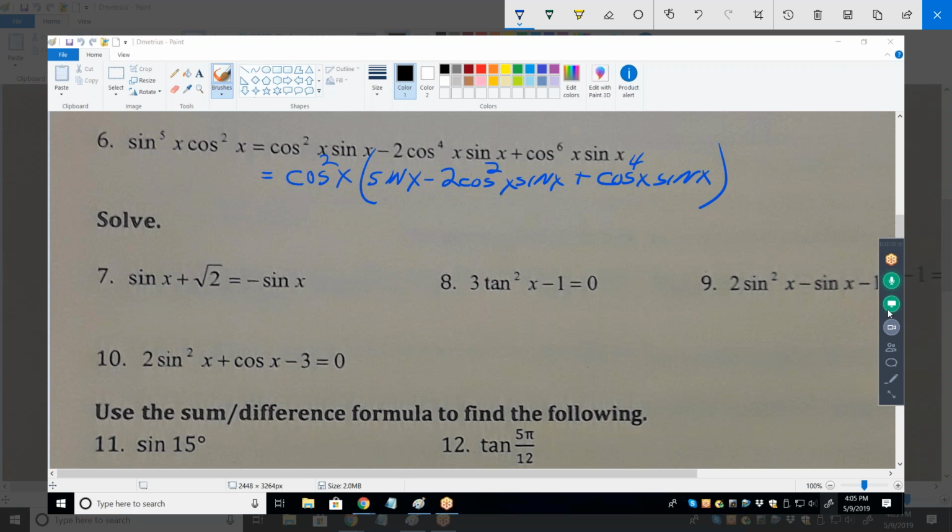Now, you can see on the left side that we have sine to the 5th times cosine squared. So, for the moment, we can assume that this part must be sine to the 5th of x. Right. So, let's try to solve sine to the 5th.